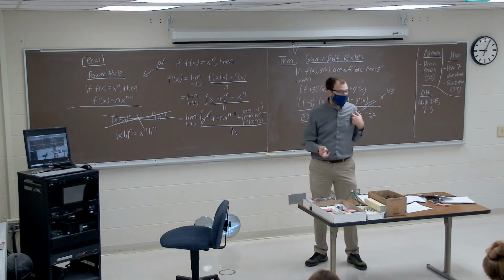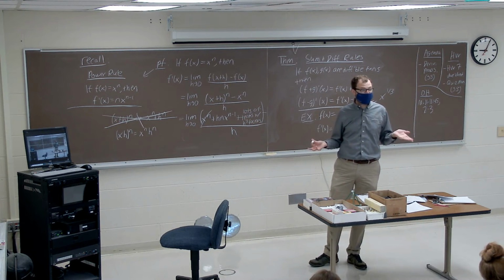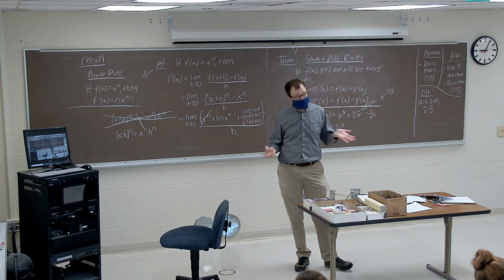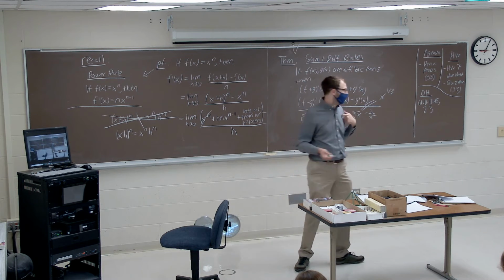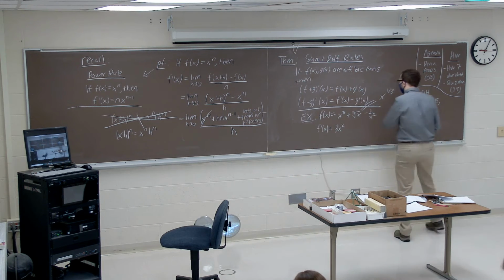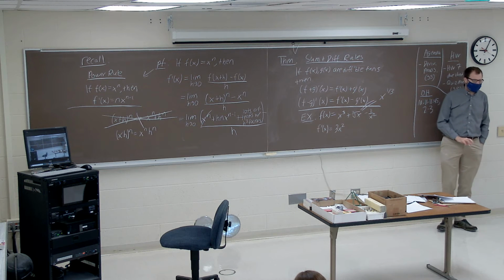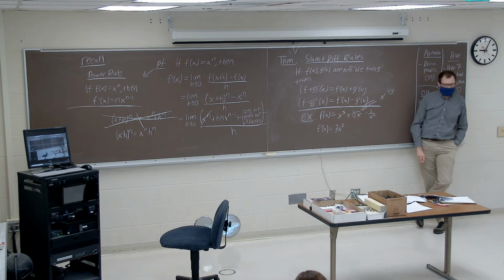Anytime you're taking an nth root, you can always rewrite using a fractional exponent and say the nth root of x is the same as x to the 1 over n. And so if we were to differentiate this x to the 1/3 power, what is that going to come out to? If we were to use the power rule on that.